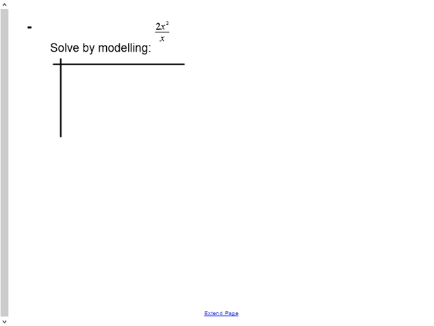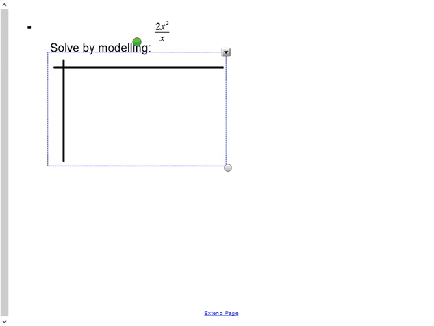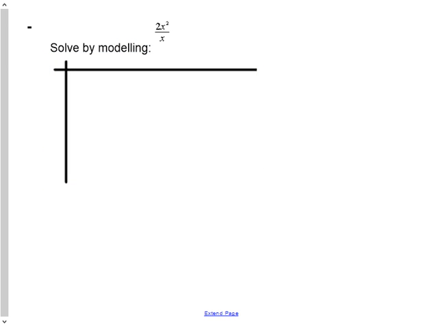Here's the next one. It says solve by modeling again. This time when you're given division, what I advise you to do is draw your first one on here to start. So I'm going to put my x on here. And then I'm going to figure out, since a division is really the area divided by one of the lengths, or the width, doesn't matter which one you write, is equal to the other one, width or length, whatever you have.